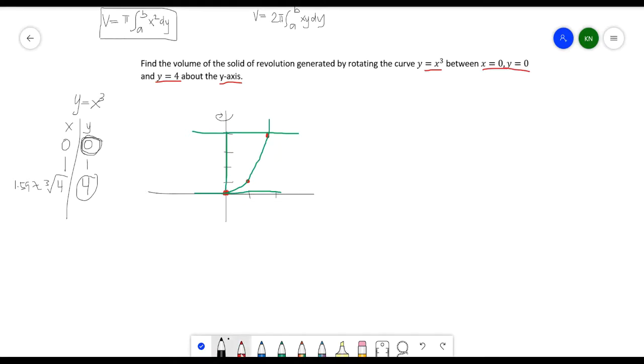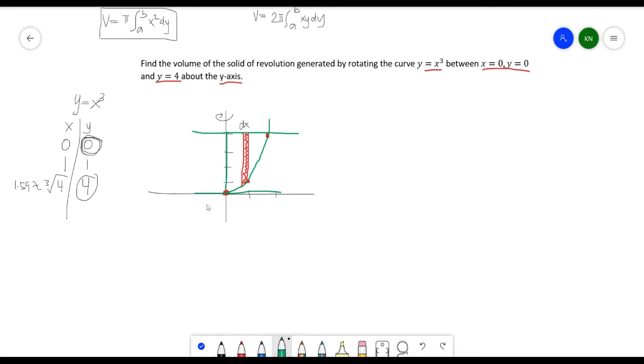So if we use the cylindrical shell method, we need to have our strip altered as well, since for the cylindrical shell, our strip should be parallel with the axis of rotation. Supposing this is our strip, this is a change of x because this is a vertical strip.